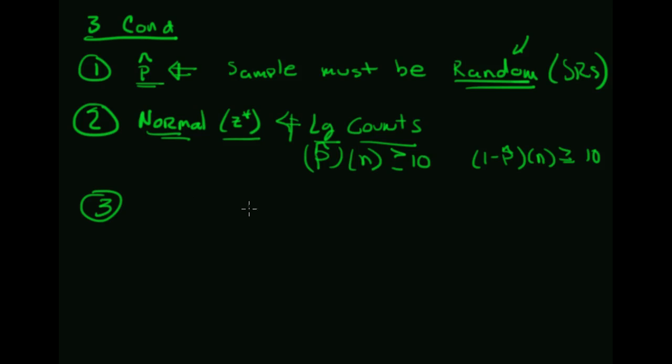And then finally, we can depend on the standard deviation. So that one requires the 10% condition, which means n has to be less than 10% of the entire population. Okay, so let's think about this. Did we meet the 10% condition?